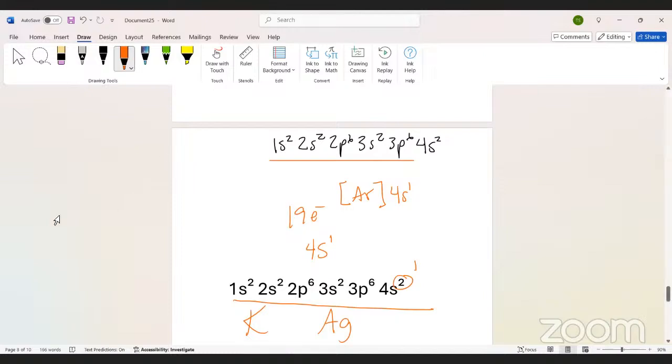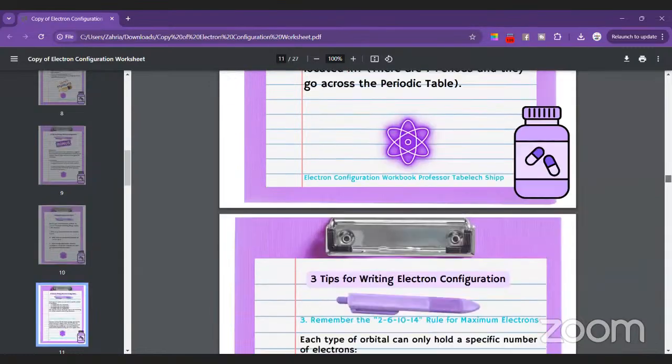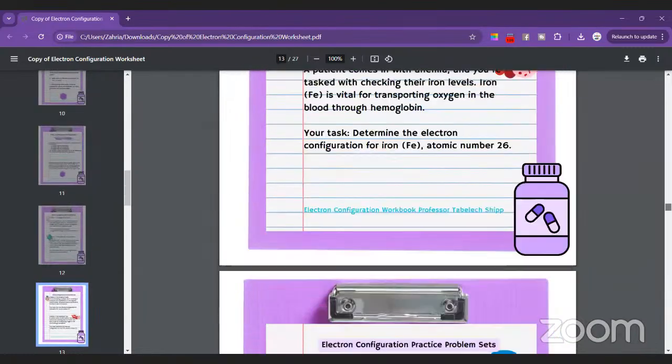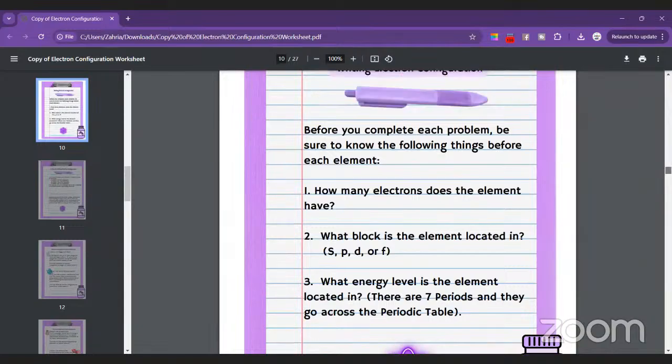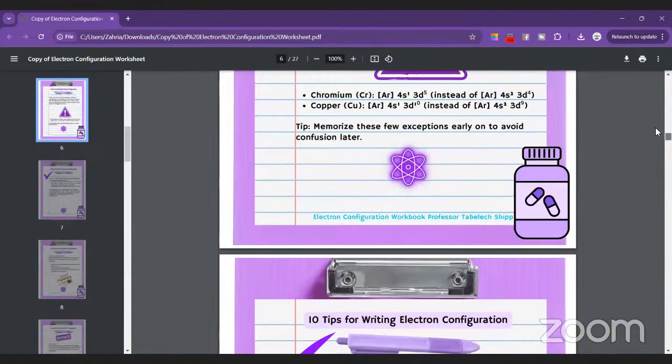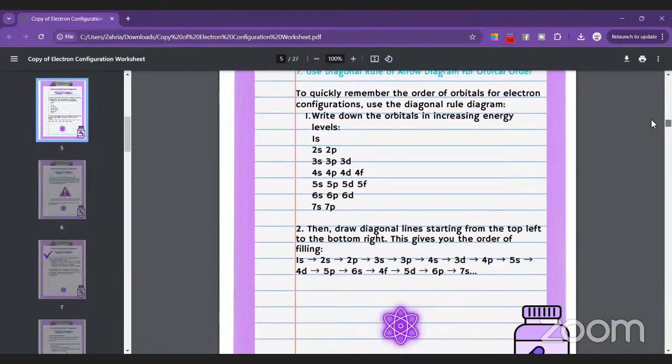Hold on. I think you're talking about this right here. Is this the page you're referring to? Okay, gotcha. So yes, right here, this is the order that you fill them up.